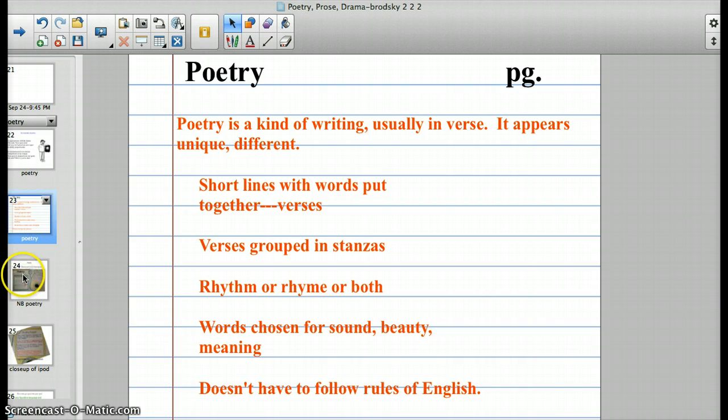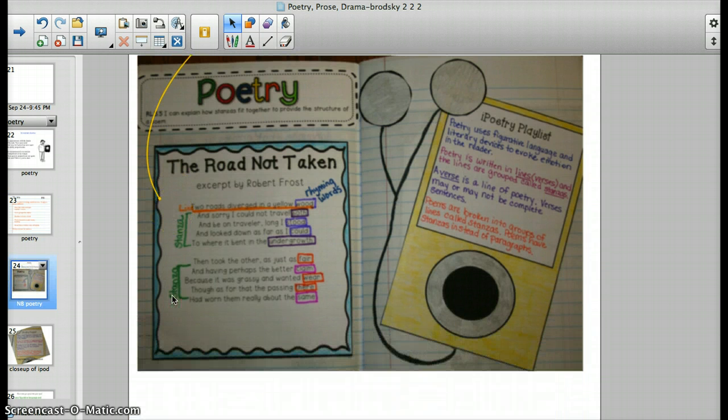Let me give you an example of that. If on the sheet that your teacher gave you, you've got a poem called "The Road Not Taken," you'll see that in poetry you have lines, and that's what I've got underlined here in the orange line. And then the lines are grouped together, called stanzas.